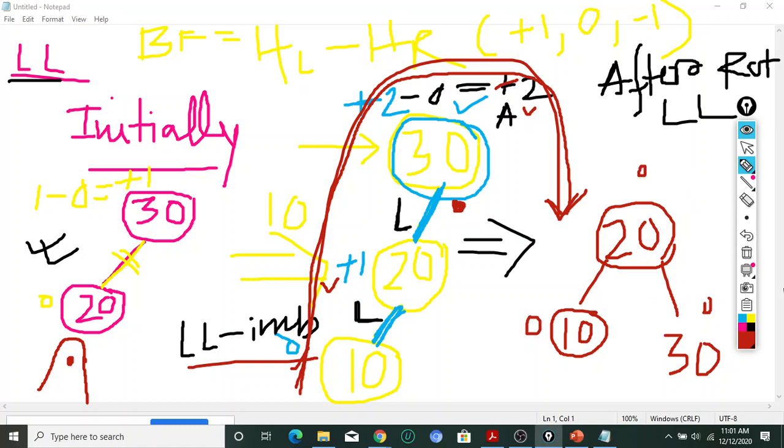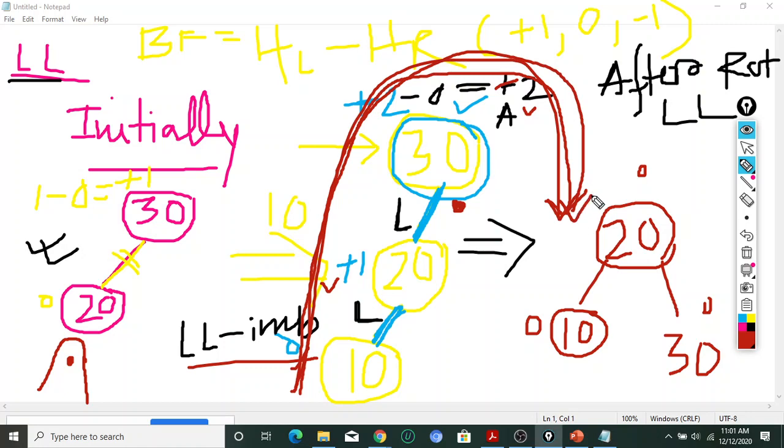Now is it correct? Is it correct? Okay. So this is LL rotation. This is a single rotation, only one rotation happens in this case, okay.